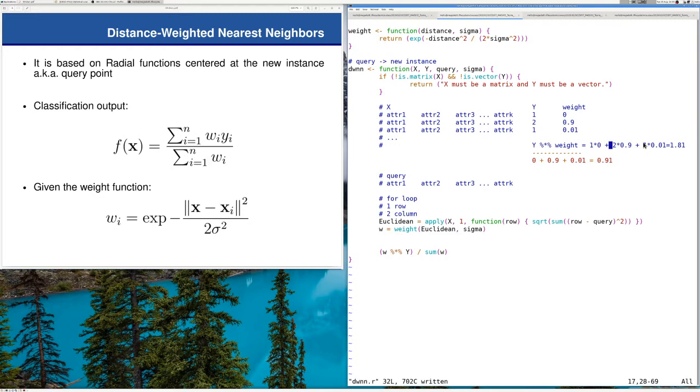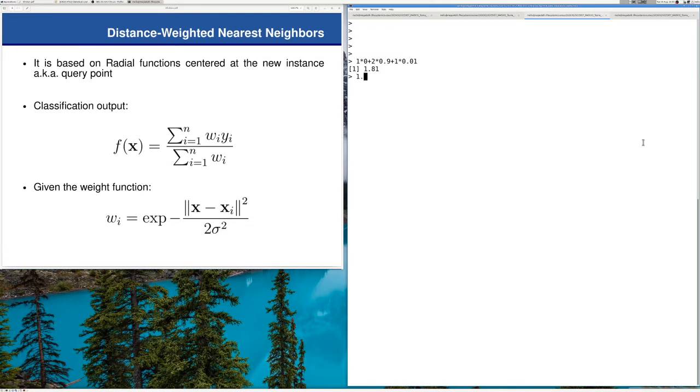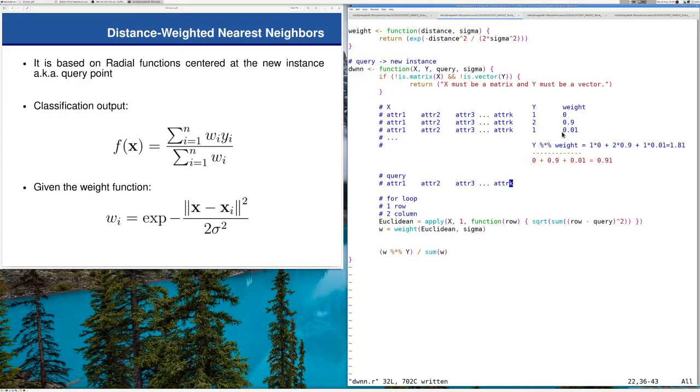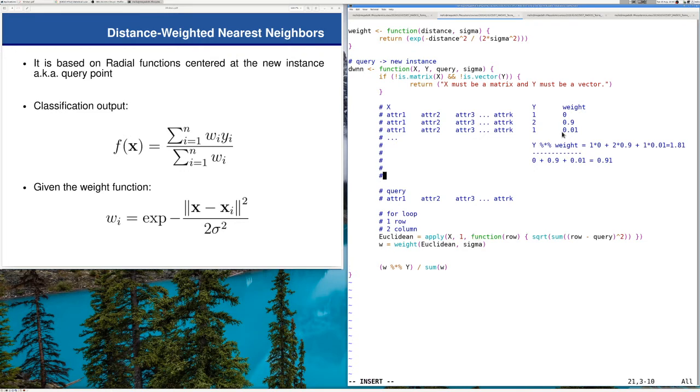When I normalize, I divide, of course, 1.81 by 0.91, and my result is roughly 2. As you might notice, it's going to be roughly 2. So in my case, my result for this instance will be 1.81 divided by 0.91, and that's the result.